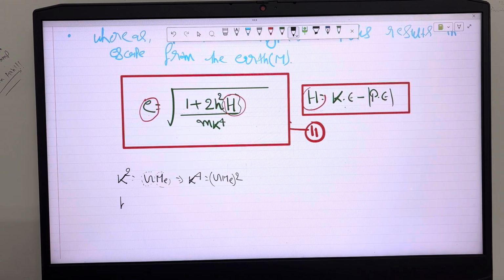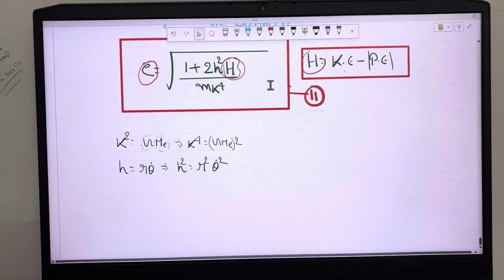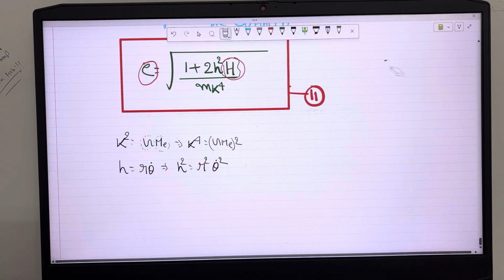What is this h? h is nothing but your r theta dot, you know already. Then h square will be r square theta dot square, right? And we know h is the difference of kinetic energy mod potential energy.